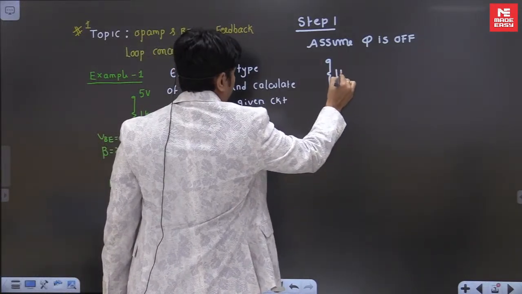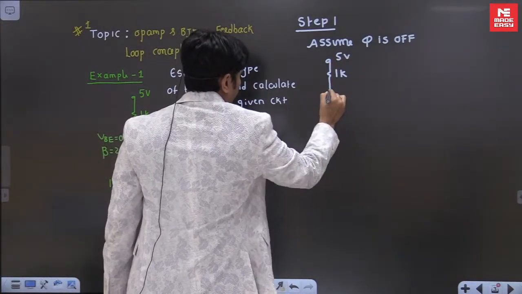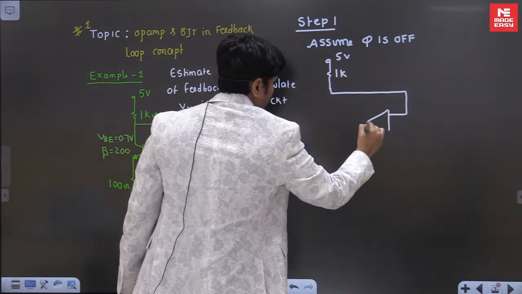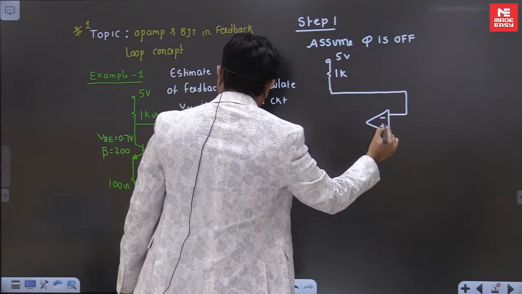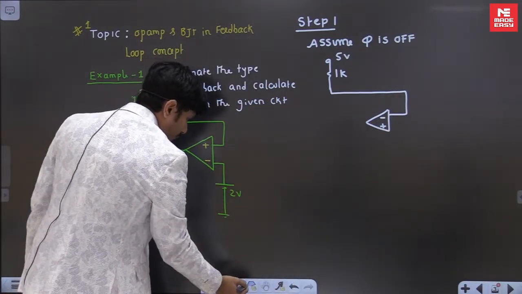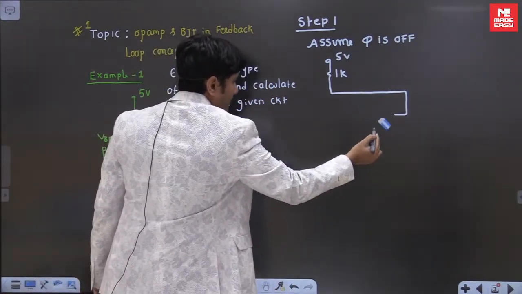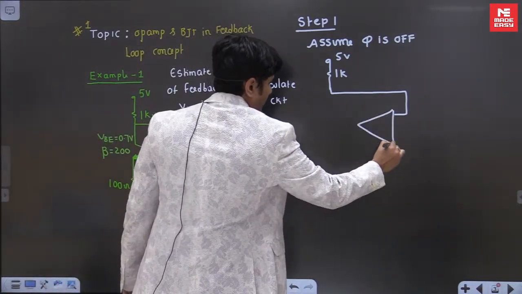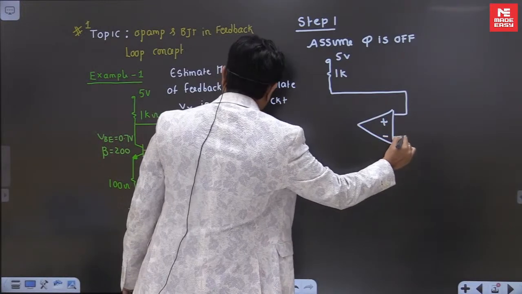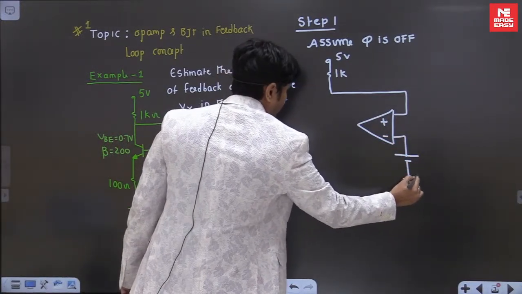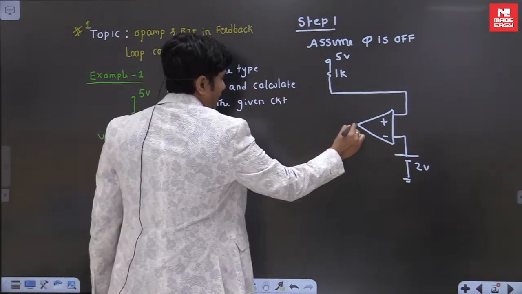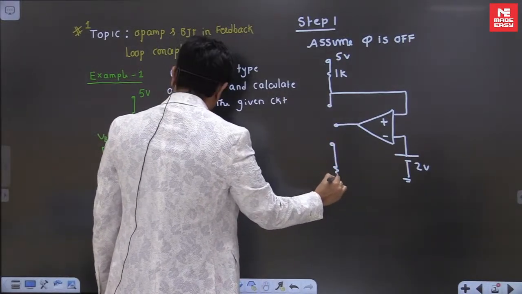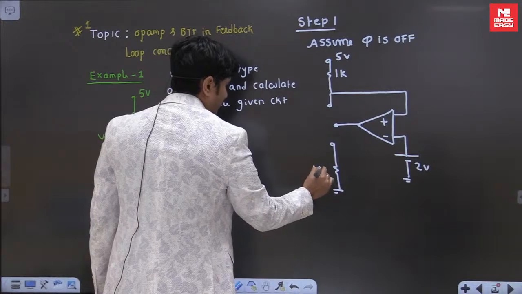This is 1K. This is 5 volts. We have the op-amp, plus, minus. Minus is 2 volts. And make it open like this. This is 100 ohms.